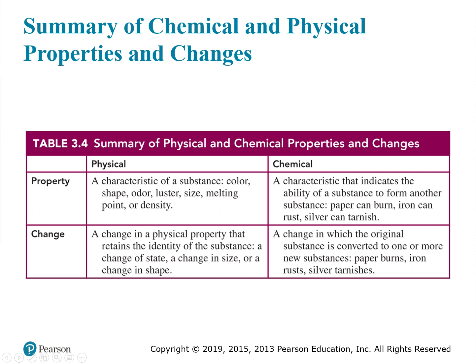We'll do some practice problems to tell the difference between physical and chemical properties and physical and chemical changes. The key is understanding the difference between a property and a change. A property is just something that you can observe, right? It tells you the potential that something has.